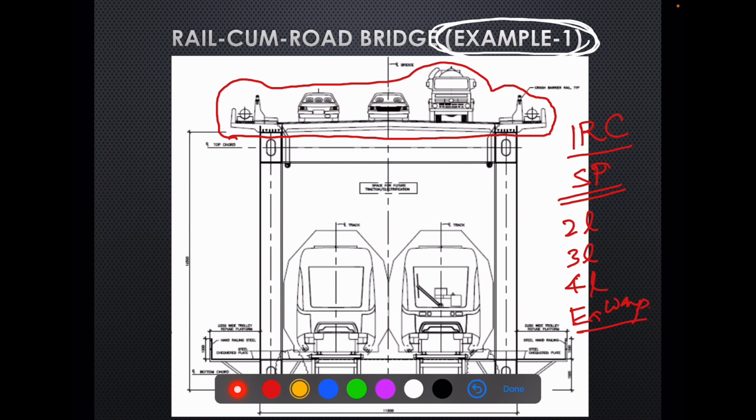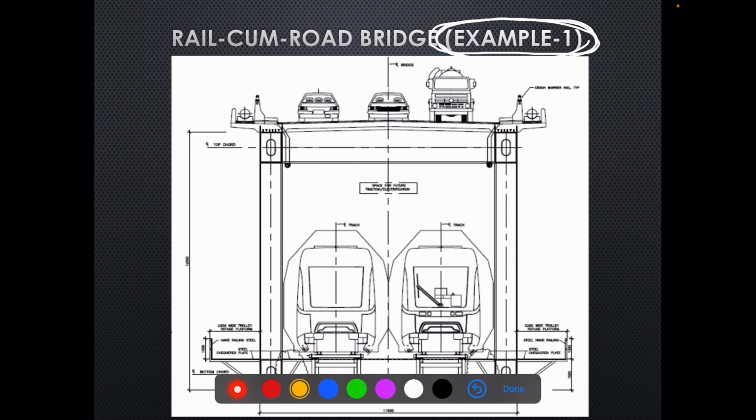Combining the two together in a rail cum road bridge is quite important because we have to meet the schedule of dimension requirements of railways as well as keep the deck configuration requirements of roads. So this is how we plan a rail cum road bridge.